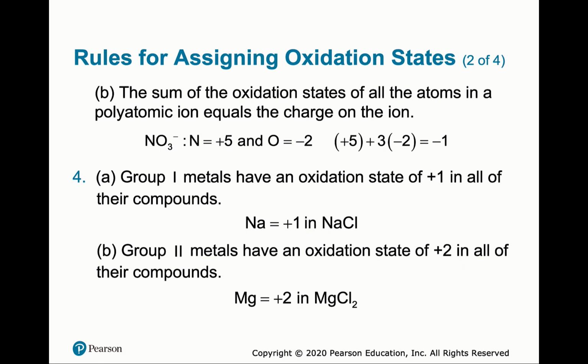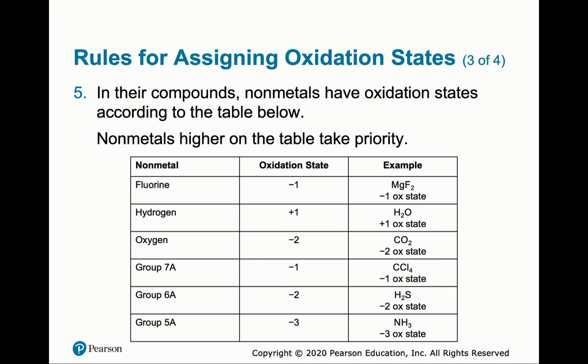Then alkalis tend to be +1 in molecules. Alkaline earths tend to be +2. That's rule number 4. For rule number 5, we have this chart where fluorine tends to be -1, hydrogen tends to be +1, oxygen tends to be -2, halogens tend to be -1, the oxygen family tends to be -2, and the nitrogen family tends to be -3. Like I said, these rules are hierarchical, and you can have other oxidation states.